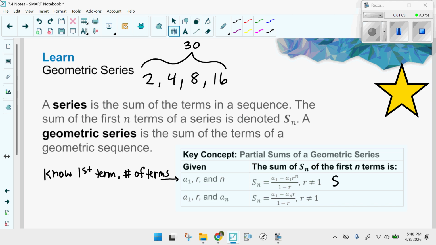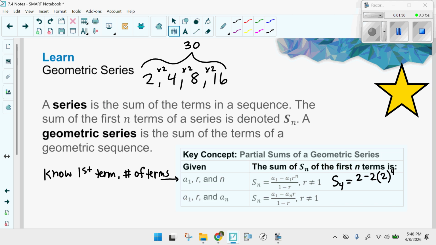So the sum of those 4 terms is going to be 2 minus 2, and our r value is times 2, is the sequence we're following. Hopefully you can see that. So we have 2 minus 2, there's our first term, times our r value, which is 2, raised to the 4th power all over 1 minus r.